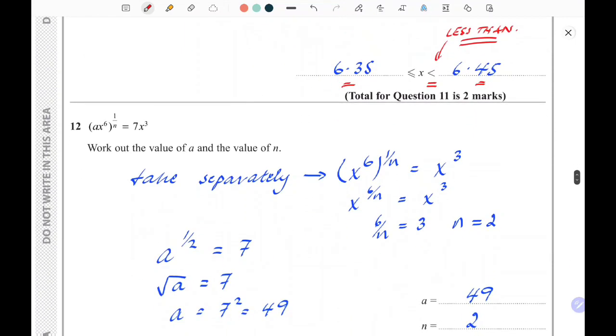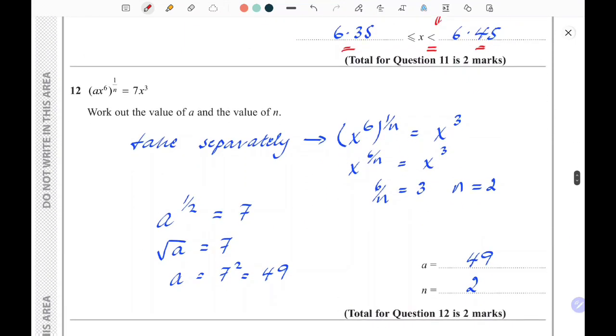All right, moving forward, number 12. Now we've got what looks to be a bit of a scary set of powers and numbers, etc. The trick here is to treat the number value and the x variable separately. You can actually deal with them separately.